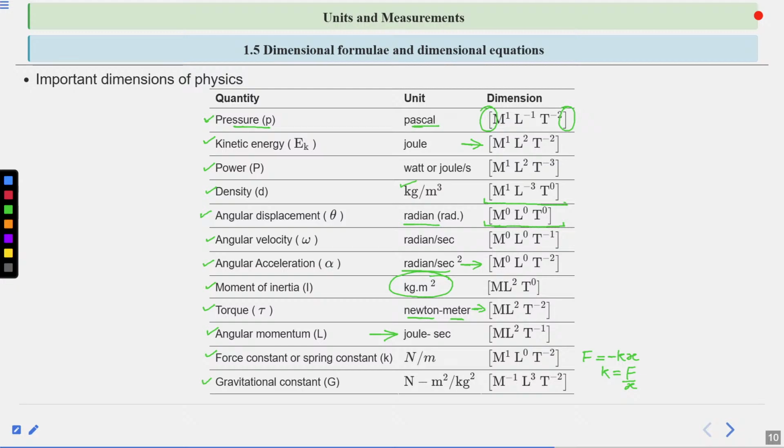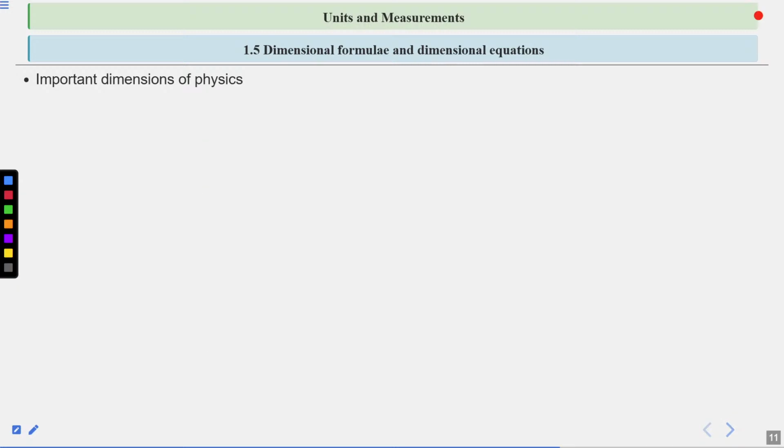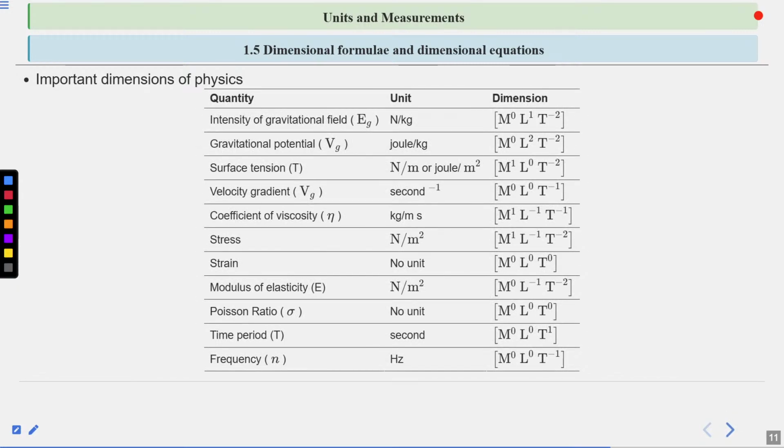Some more important dimensional formulas of physical quantities are these. Intensity of gravitational field, unit is Newton per kg, and dimensional formula is M0 L T raised to the power minus 2.